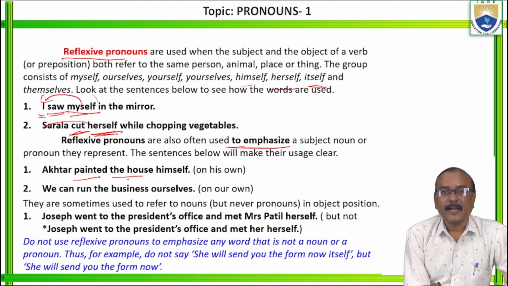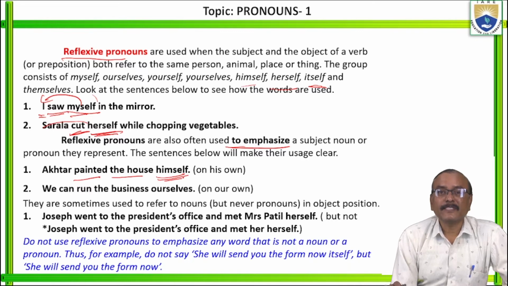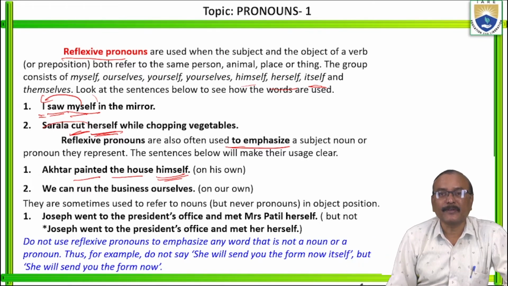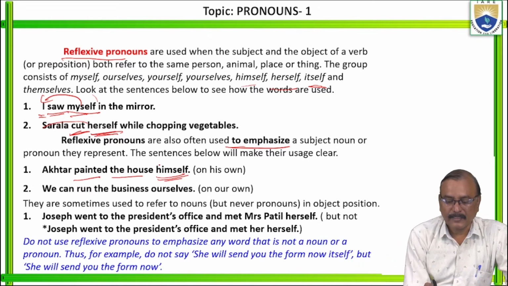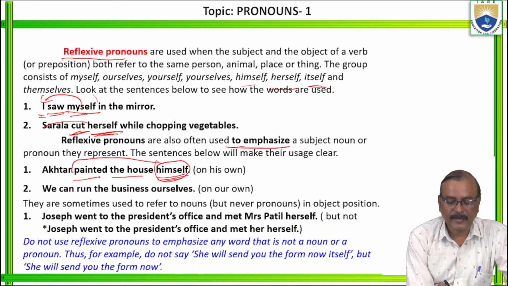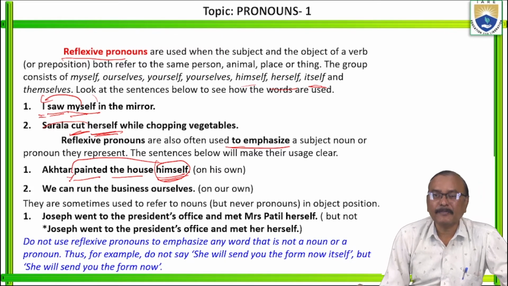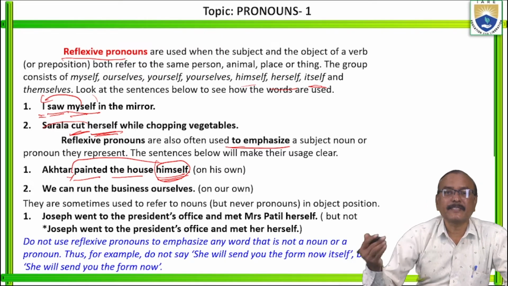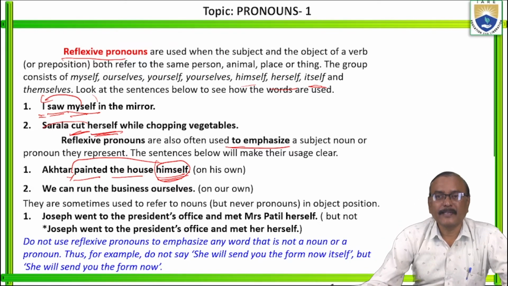Akhtar painted the house himself means without taking anybody's support, on his own. We can write this reflexive pronoun here or here also: Akhtar himself painted the house.